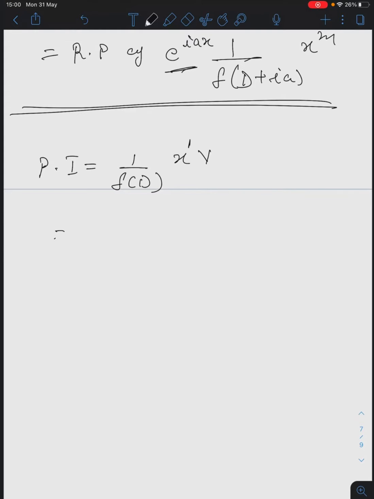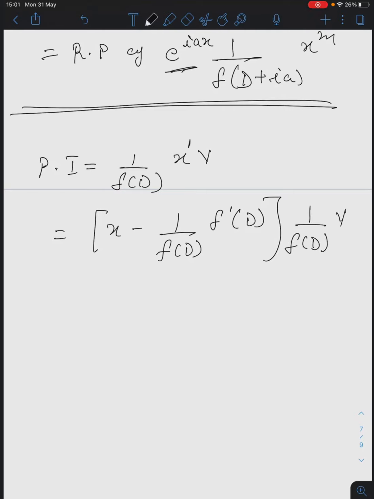Then the formula for this one is x minus 1 by f of D, you will write f dash of D, and you will have 1 by f of D on v. So this formula you can apply for any function v, and when you have x to the power 1 only. Okay, this is not dash, this is 1.